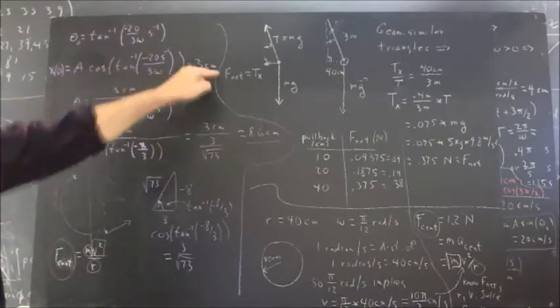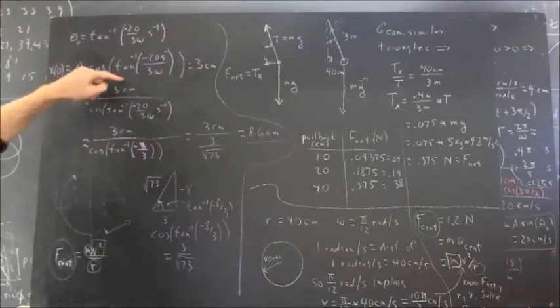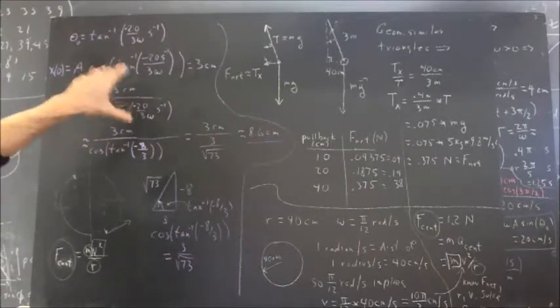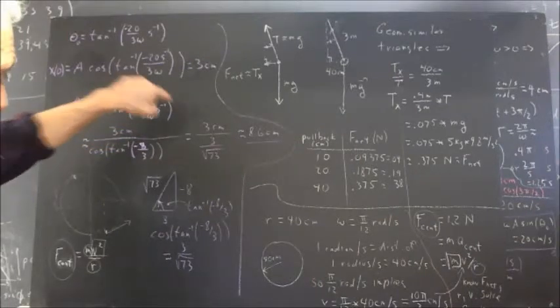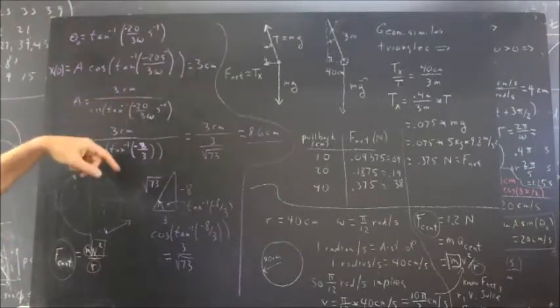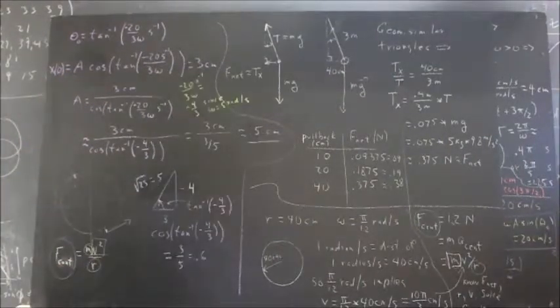So we now have this equation, meaning then that a, our amplitude, is 3 centimeters over the cosine of the inverse tangent of negative 20 over 3 omega reciprocal seconds. I'm sorry, negative 20 over 3 omega, and let me fix that.